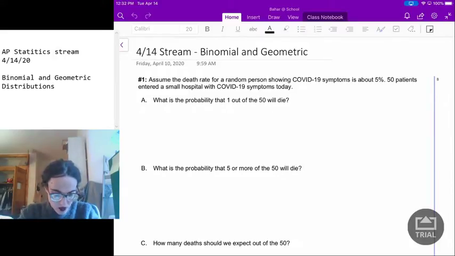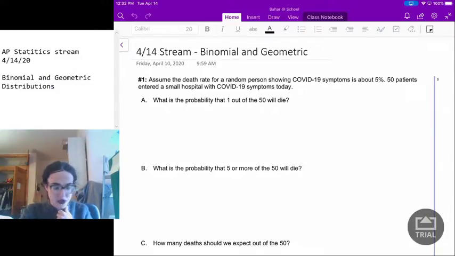All right, and so we've got some small local hospital, 50 people entered it yesterday with COVID-19 symptoms. So now the doctors are thinking about, well, what can we expect out of this? Okay, so let's start by looking at what's the probability that 1 out of those 50 will die.